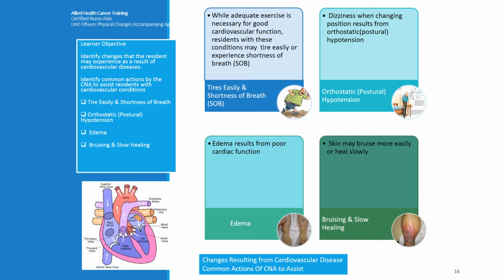Then we have that edema or the swelling that will result from poor cardiac function. And you may have to put some different interventions in place, like those nice, lovely TED hose or the compression boots that will kind of squeeze things to help that edema.